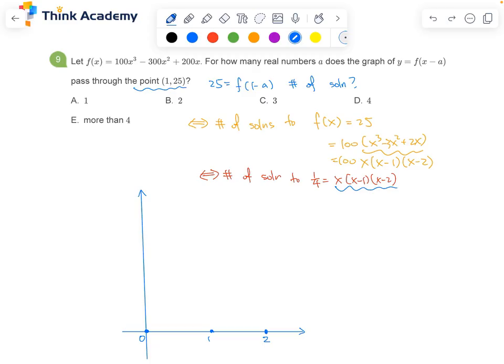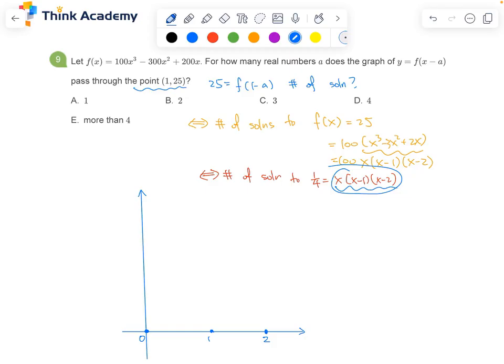By simplification, I can simplify f(x) into 100 times x times (x minus 1) times (x minus 2). So we can see that the original question is equivalent to the number of solutions to 4a equals x times (x minus 1) times (x minus 2).